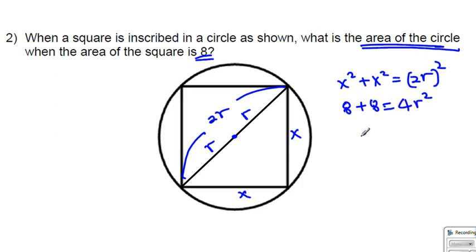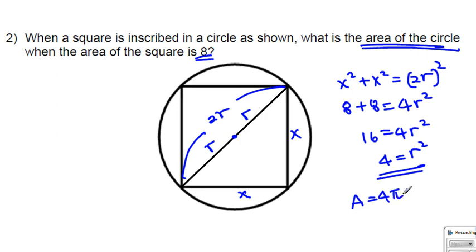Now we end up getting 16 is equal to 4r squared, where r squared becomes simply 4. Since r squared is equal to 4, what is the area of the circle? Area of the circle becomes 4 pi, because pi r squared.